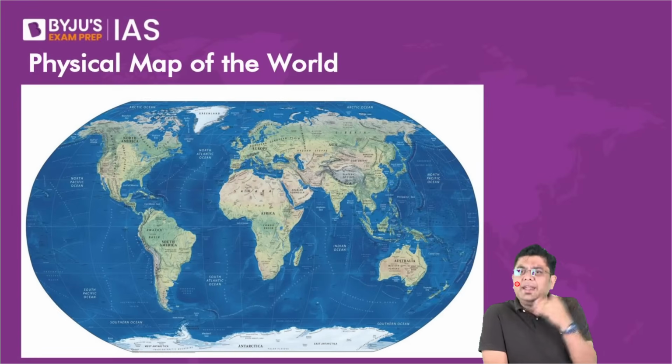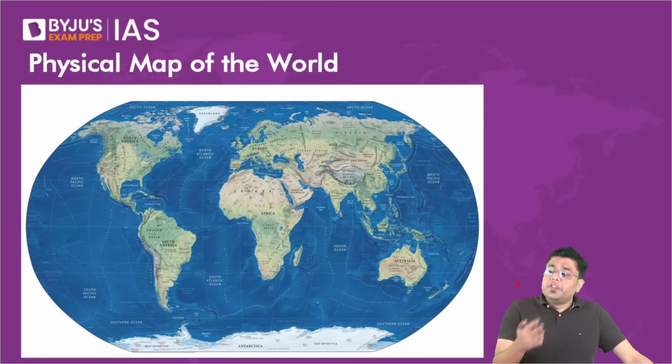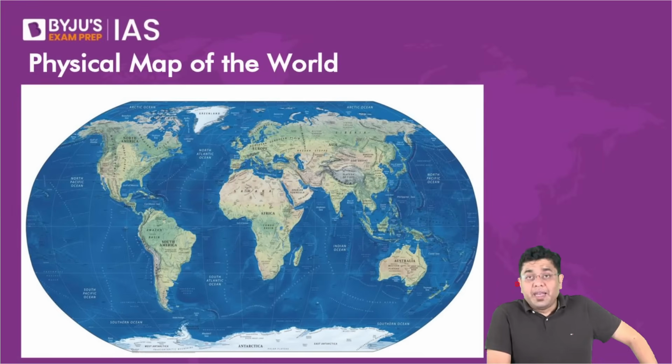So in the 1800s, at that point of time, you had various different geographers, various different scientists who had tried to postulate why the continents are arranged in a certain manner. There must have been certain factors involved, that why we find the shape of the continents appearing like this.